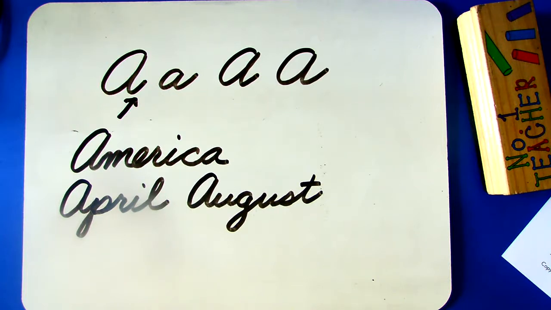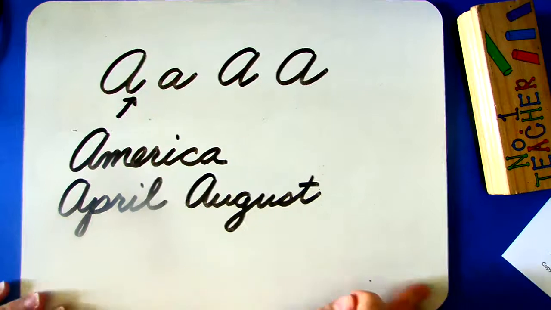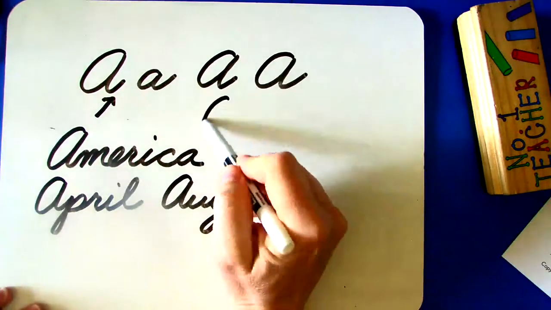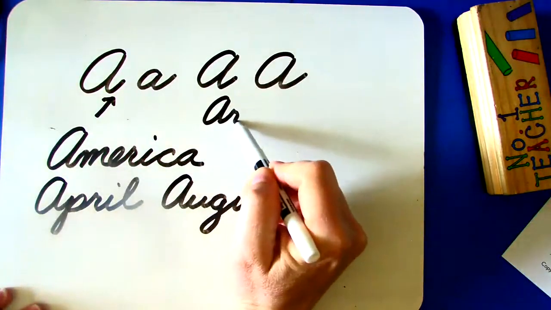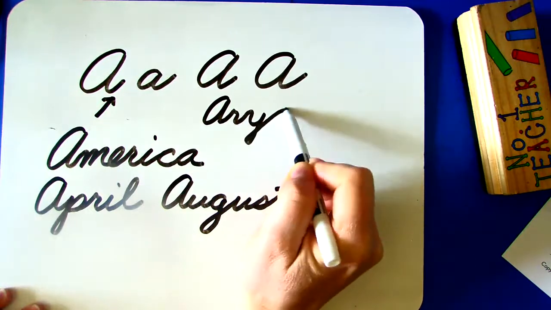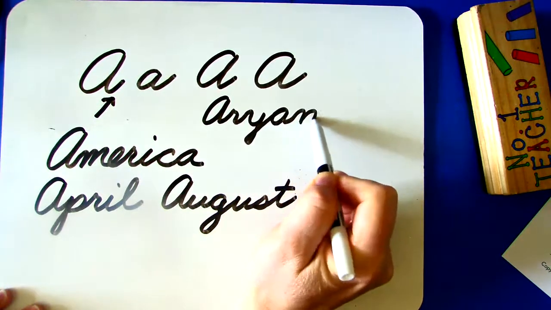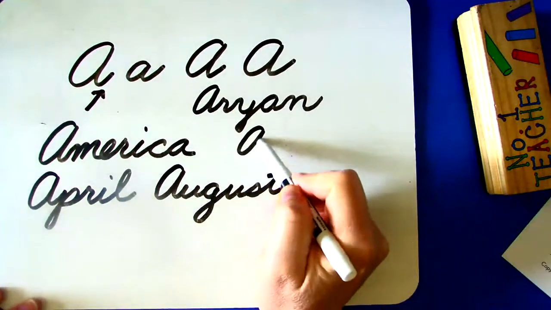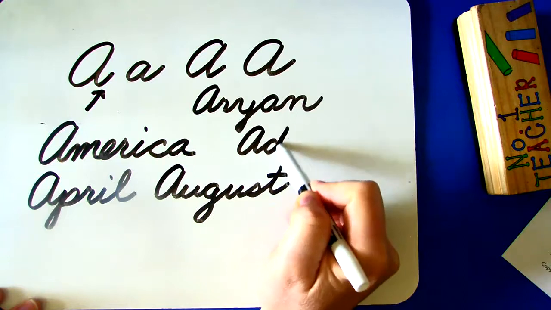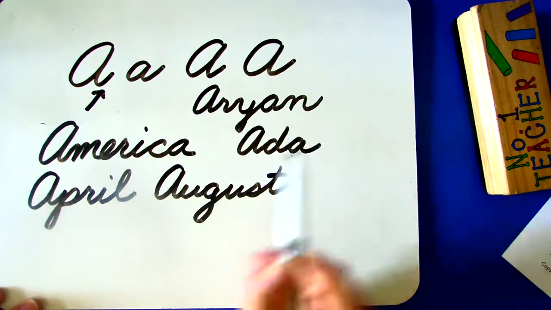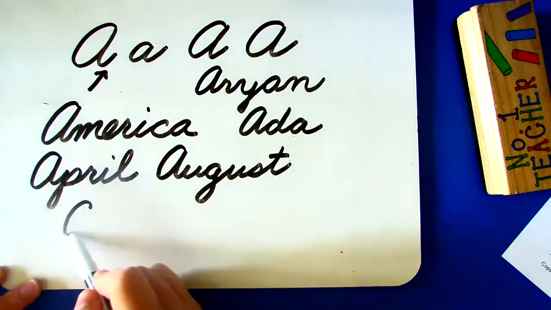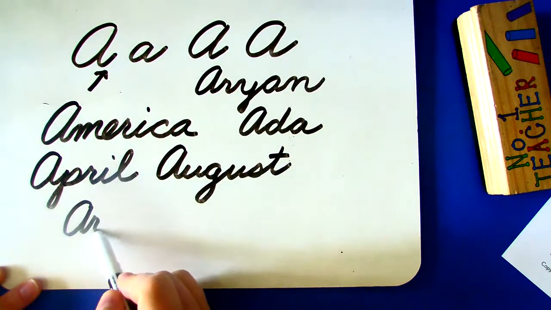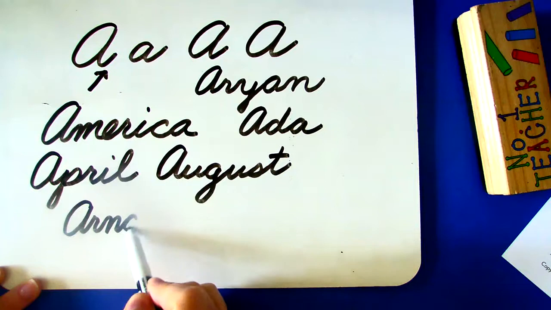And we have a few kids in the class whose name starts with A too. So let's write their names also. Here we go. Arian, Ada, Arnav.